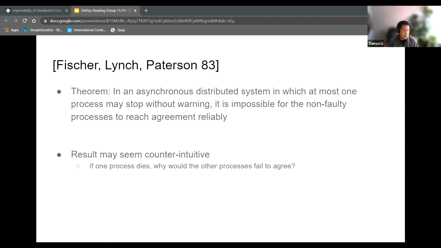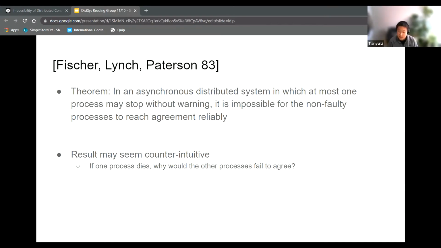And it seems very counterintuitive, because what this says is if you have a network of arbitrarily many processors, say 10,000 processors, and one of them fails, the remaining 9,999 processes don't agree on a value, which seems overly strong. If one process dies, why would the other processes fail to agree?